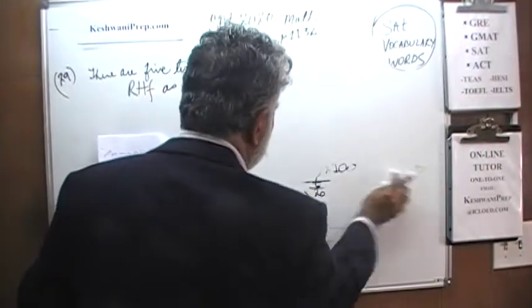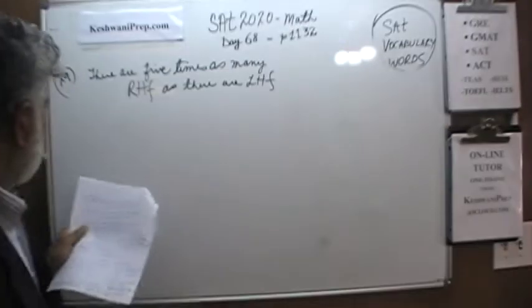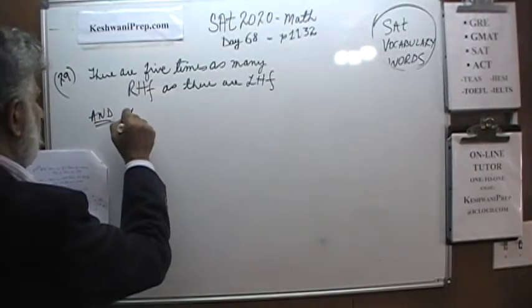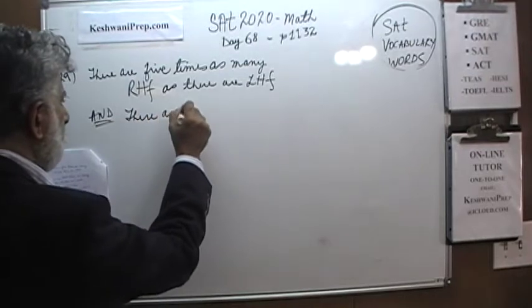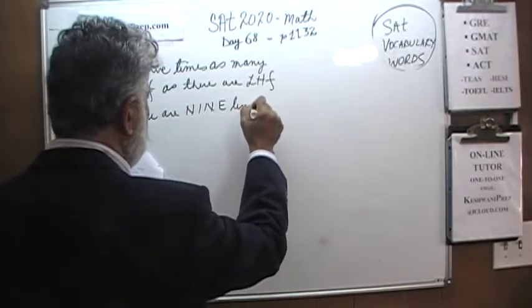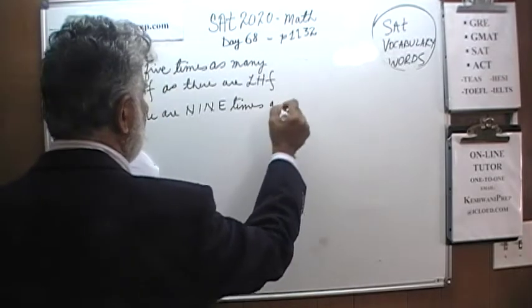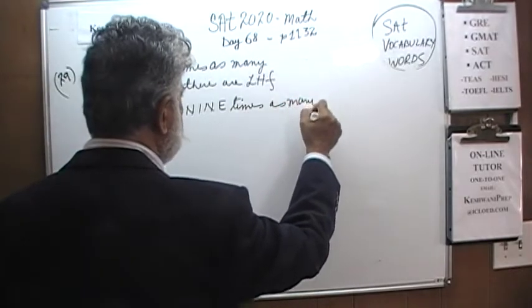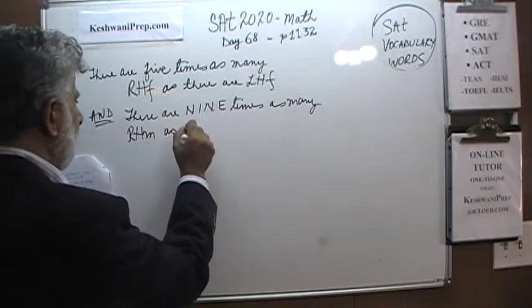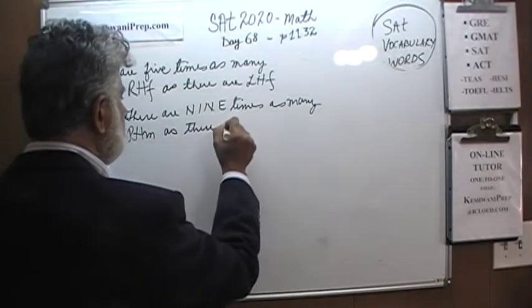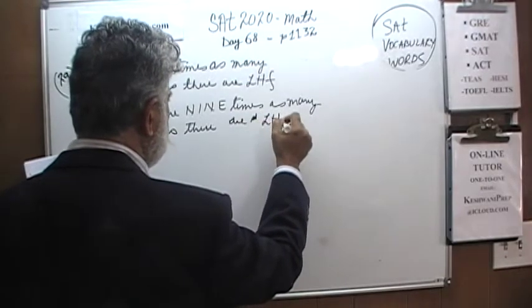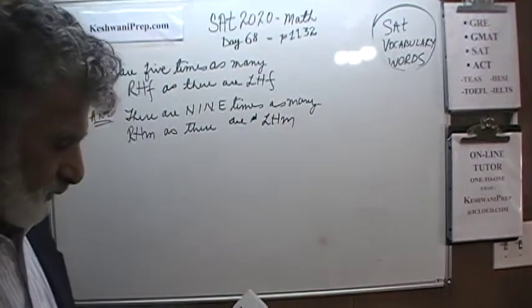We are further told that there are 9 times as many right-handed males as there are left-handed male.